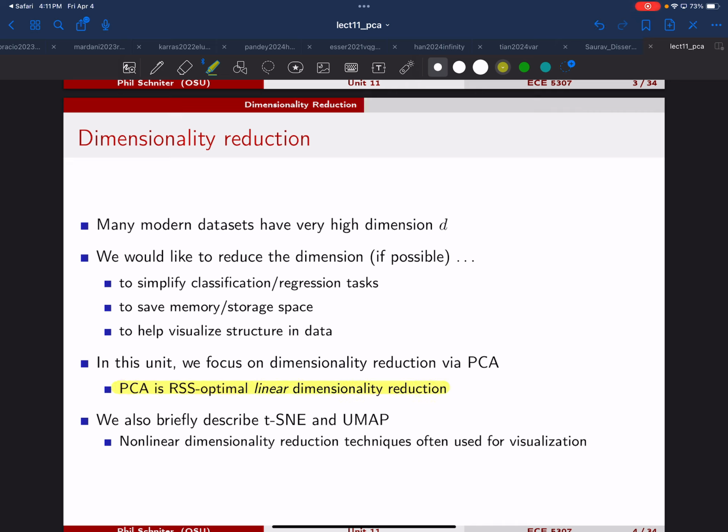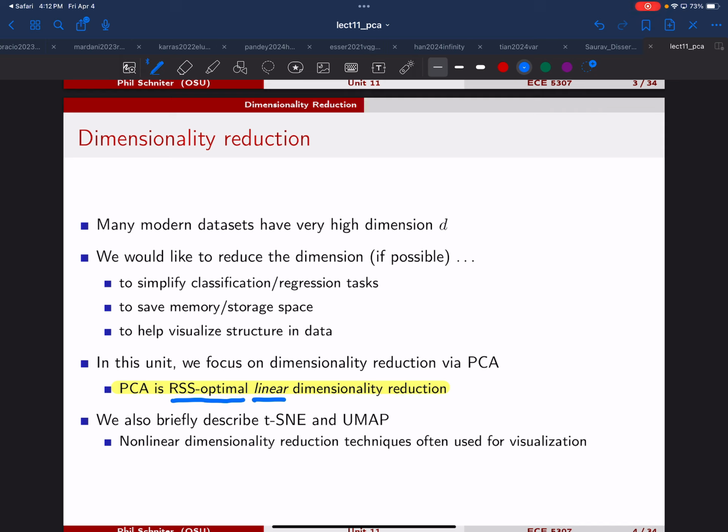So those are the two main ideas. It's linear and it's RSS optimal, so it plays a similar role to when we studied linear regression. That was also RSS optimal linear, but there the goal was prediction or regression, and now it's dimensionality reduction.